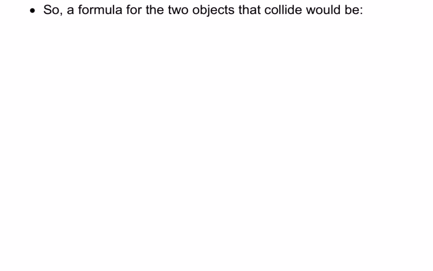Let's look at how some formulas are going to be used for this. Before the collision, let's call it object A, we'd have the momentum of object A, but we're also going to have the momentum of object B. Those two momentums before give us some sort of total. Then we know that those momentums after, they're going to change.